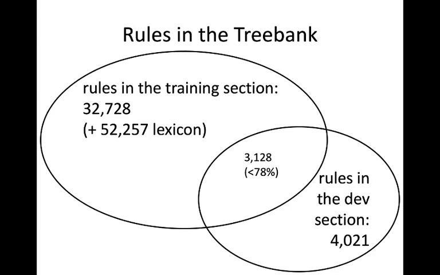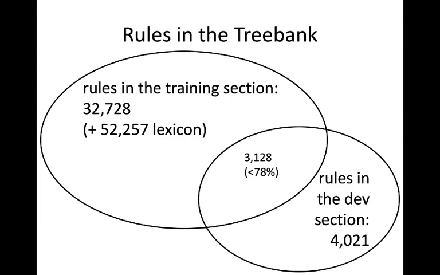So it's divided into a training and a test set, or a training, a dev, and a test set. If you look at the intersection between the training section and the dev section, that covers 78% of the rules in the dev section. That means that there are 22% of the rules in the dev set that never occur in the training set, which is kind of bad, right?